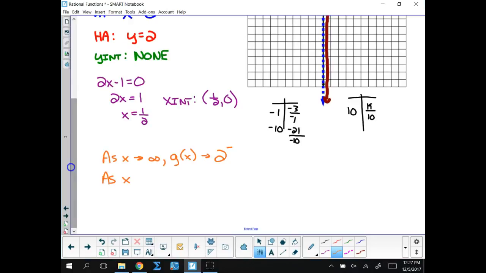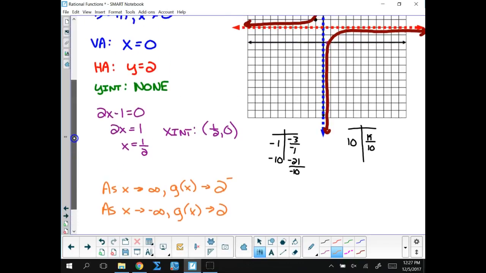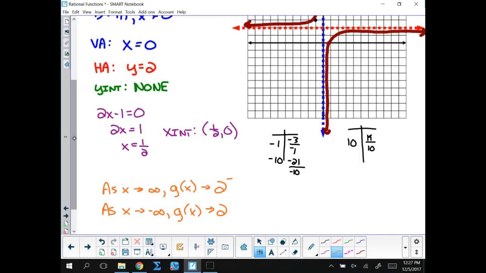As x approaches negative infinity, my function g of x approaches 2 from above.